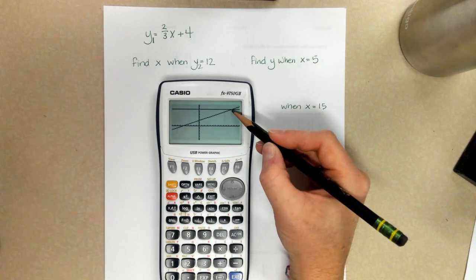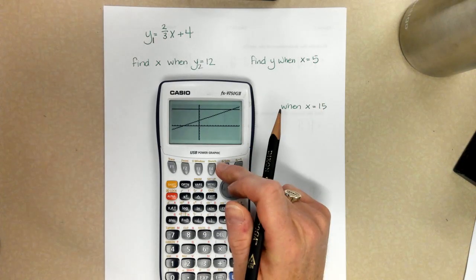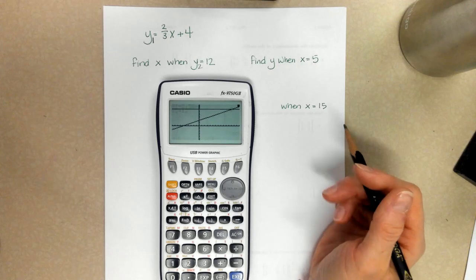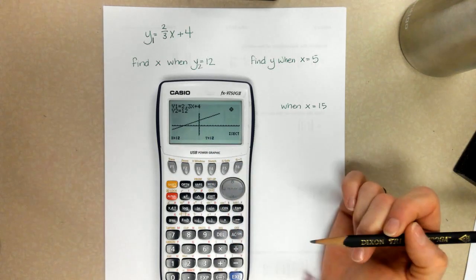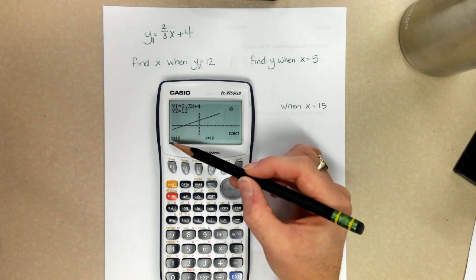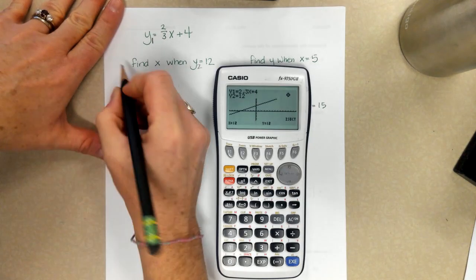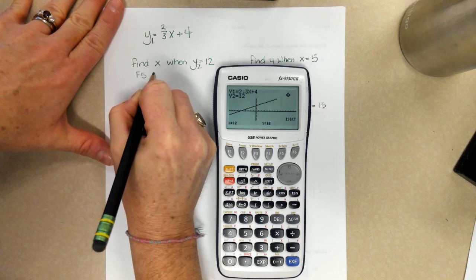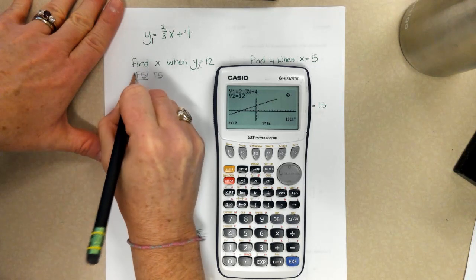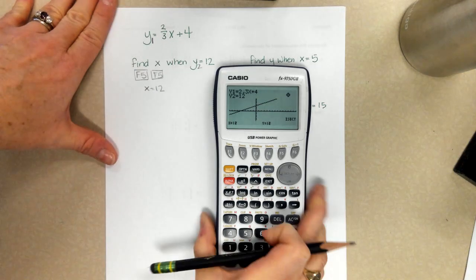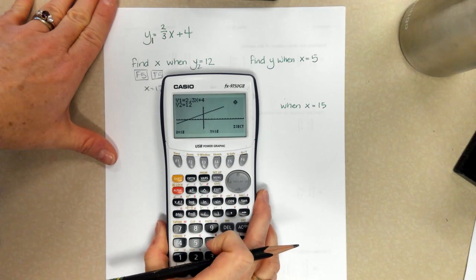Oh, now they're crossing. So now I can press my intersections, F5, F5, and y equals 12, x equals 12. Find x when y equals 12. So x equals 12. Okay?